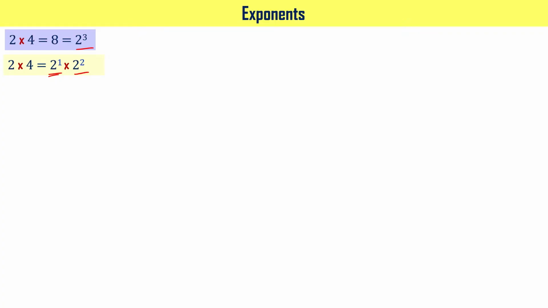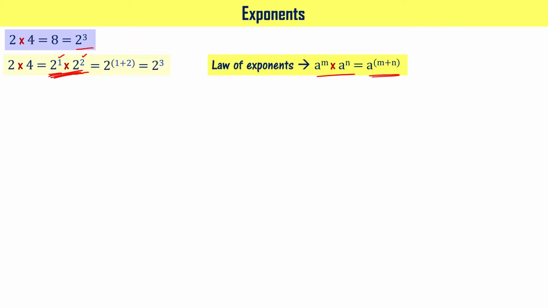You may recall the first law of exponents, that is a power m times a power n equal to a power m plus n, right? As per this, if you compare, I can say that a is 2 and m is 1 and n is 2, right? So 2 power 1 times 2 power 2 can now be written as 2 power 1 plus 2, that is equal to 2 power 3, right?